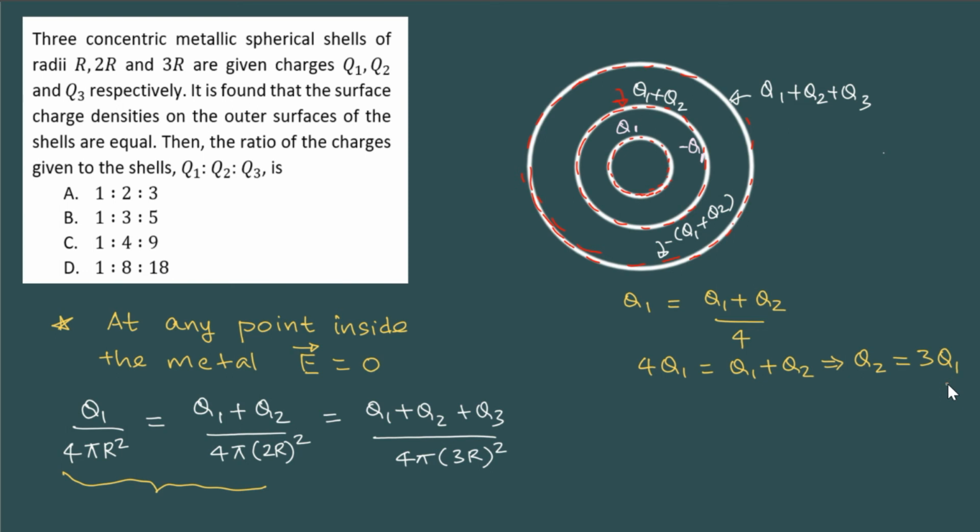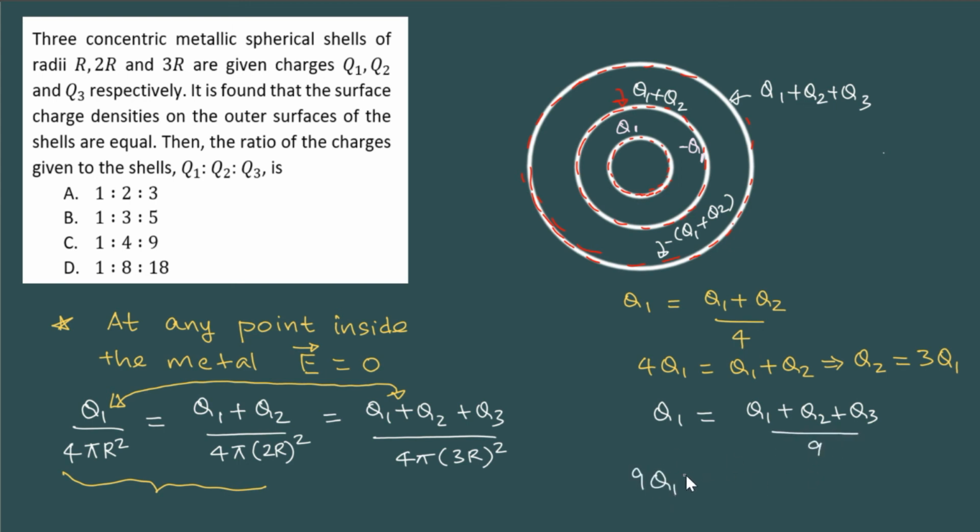So we have expressed Q2 in terms of Q1, and now I can do the same thing using the first term and the last term. Again, I have 4 pi r square in the denominator, and here I have 4 pi r square into 9, so 3 square. So Q1 is Q1 plus Q2 plus Q3 by 9, so 9Q1 equals Q1 plus Q2 plus Q3.